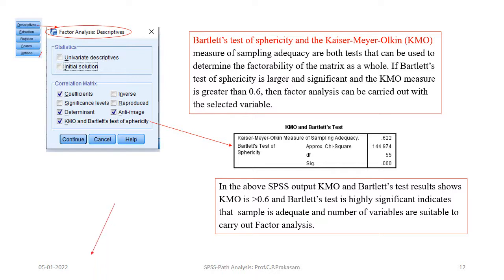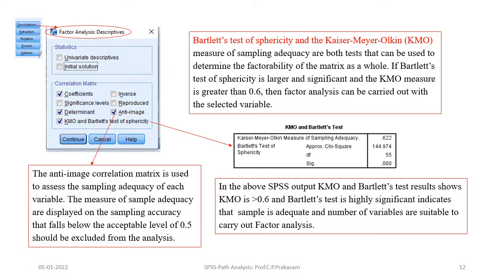Then there is another method, the anti-image, which is calculated by the SPSS. The anti-image correlation matrix is used to assess the sampling adequacy of each variable. The measure of sampling adequacy is also displayed, and if it falls below the accepted level, that variable has to be excluded from the analysis.